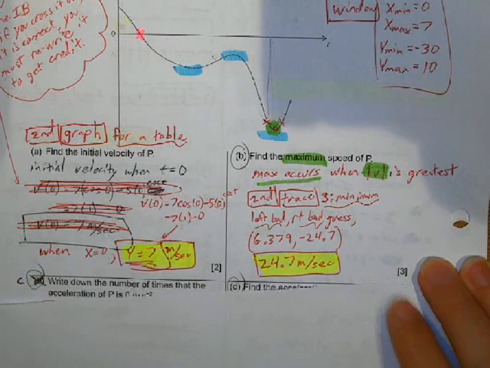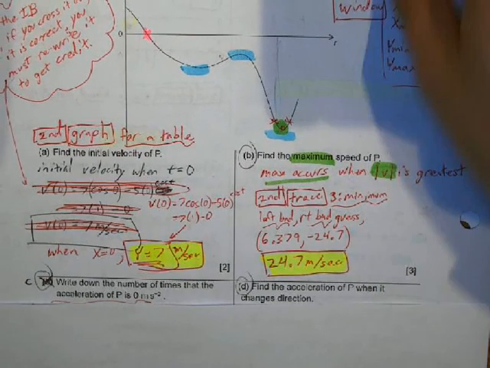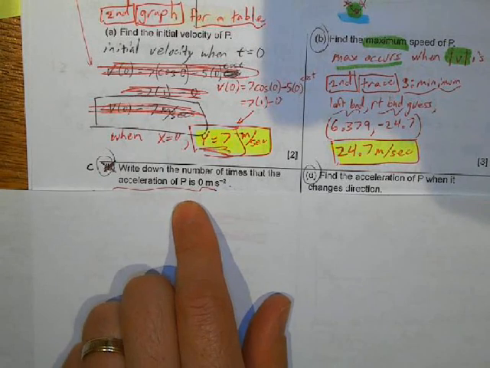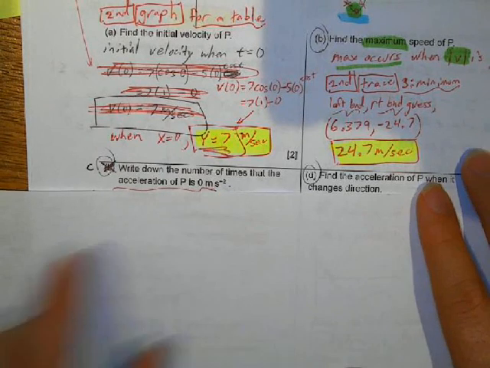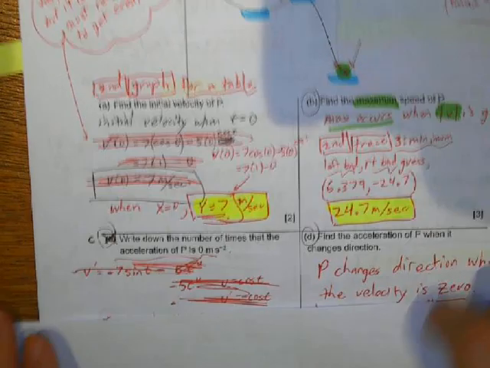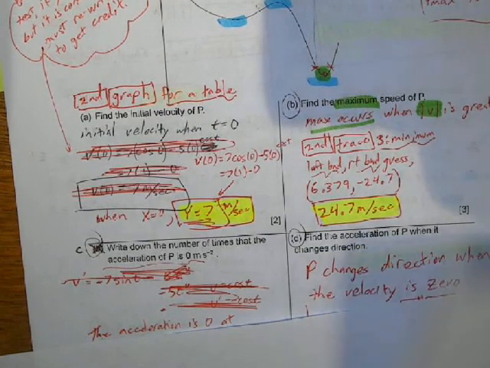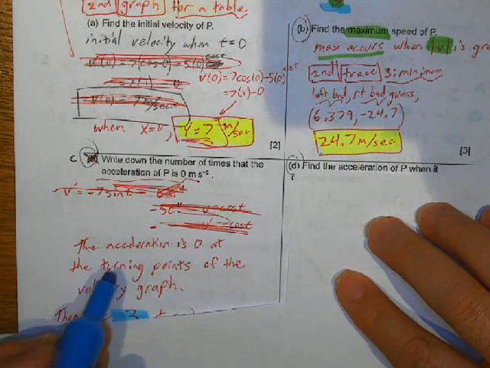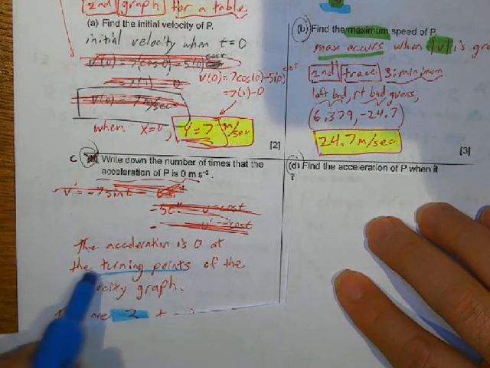Okay, so there's my maximum speed. Question C. Write down the number of times the acceleration is 0. So the acceleration is 0 at the turning points of the velocity graph.